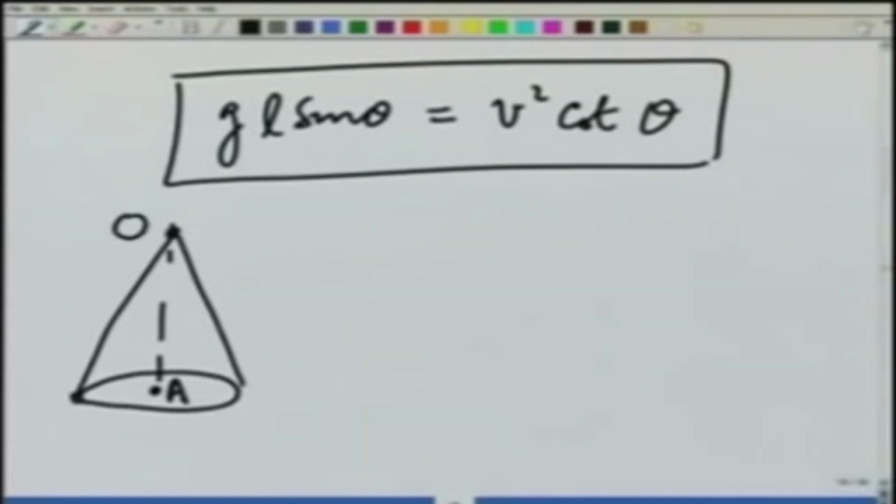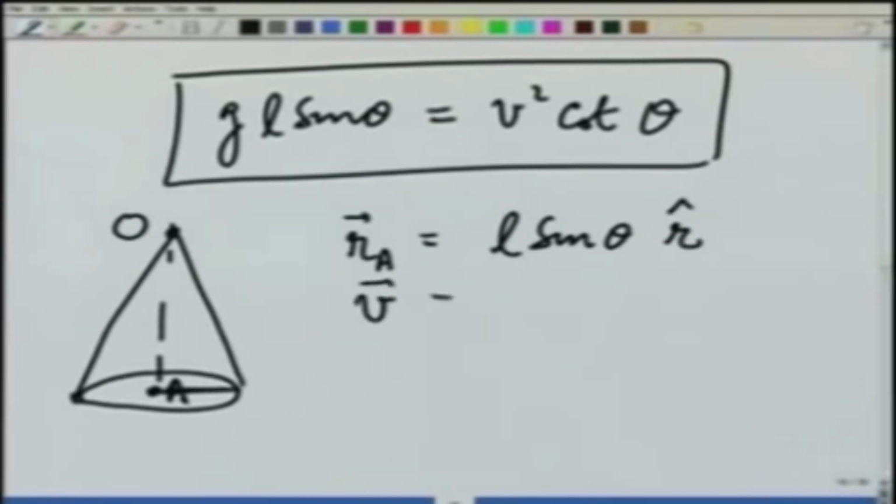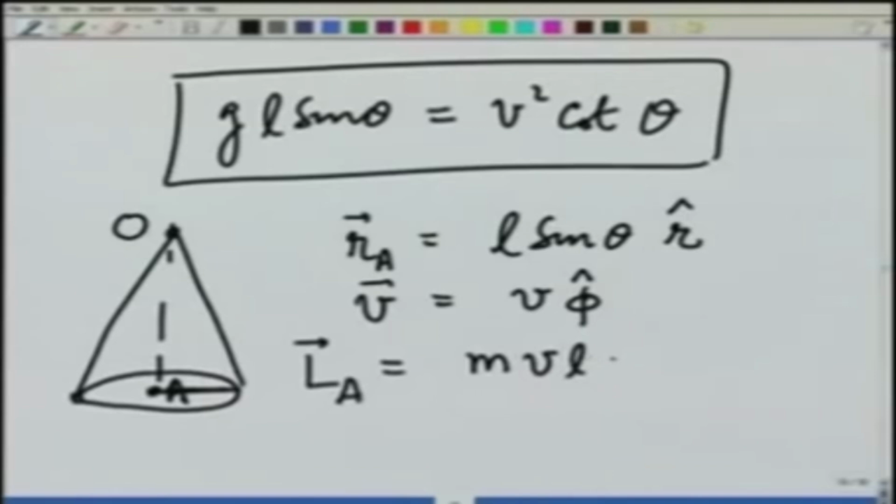Earlier we took torque and angular momentum about that point. Now we are going to do it about point A. So, let us again see, if I take A as origin, then r with respect to A is going to be L sin theta in the r direction, and velocity is nothing but v phi, and therefore, angular momentum about A is going to be m v L sin theta, r cross phi is z.